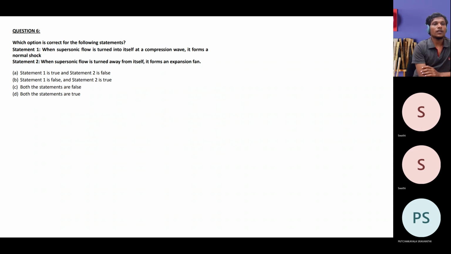The question states: which option is correct for the following statements? We have two statements. First, when supersonic flow is turned into itself at a compression wave, it forms a normal shock wave.